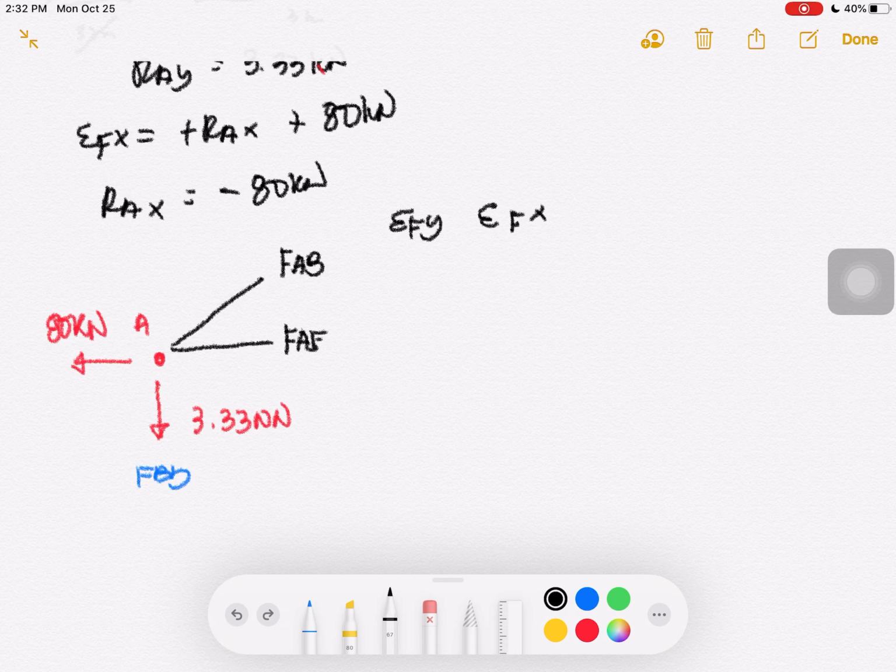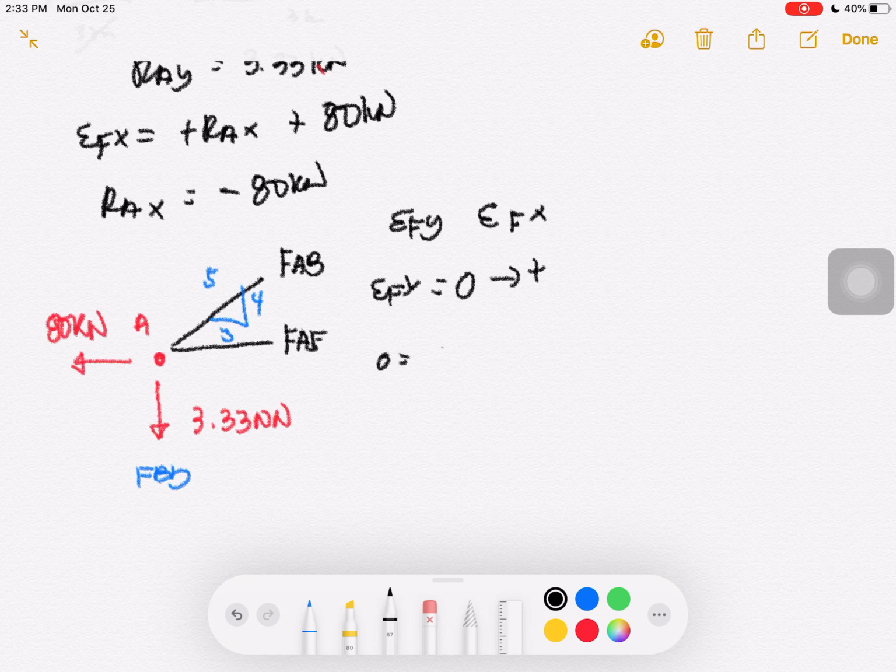Okay, so summation of forces along Y, start with Y first. 0 going right positive, so we have the triangle here. If we simplify the triangle, we have 5, 4 and 3. So 0 equals to what?